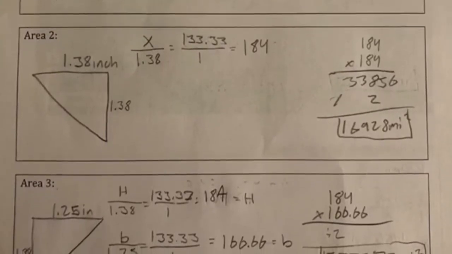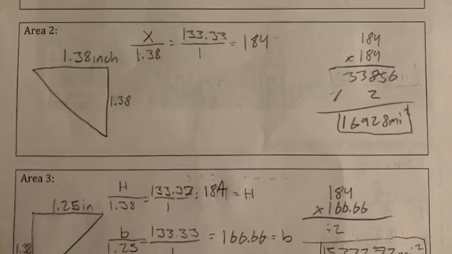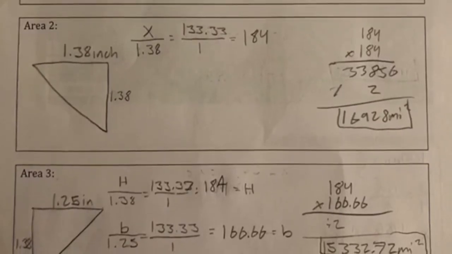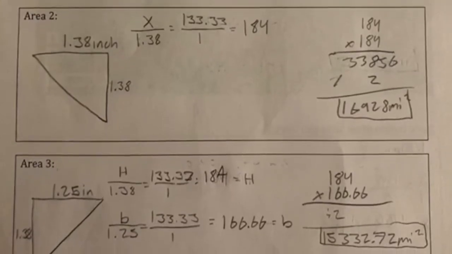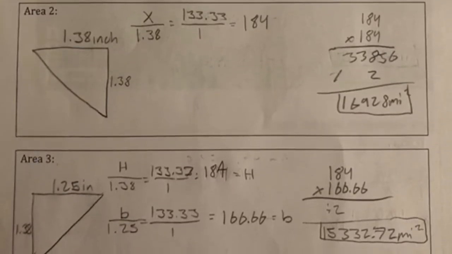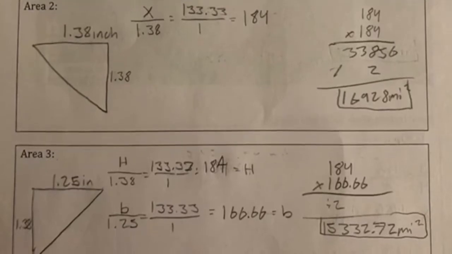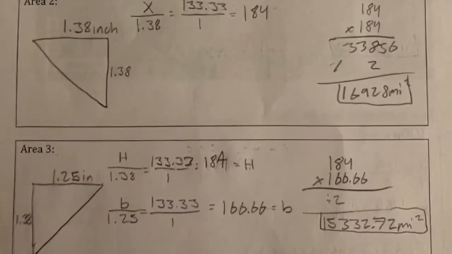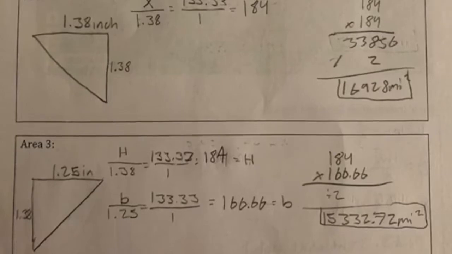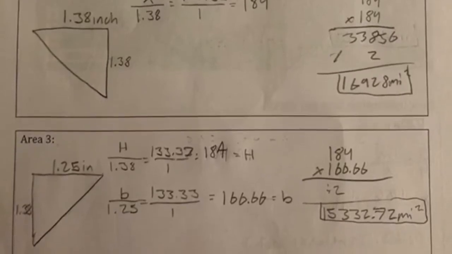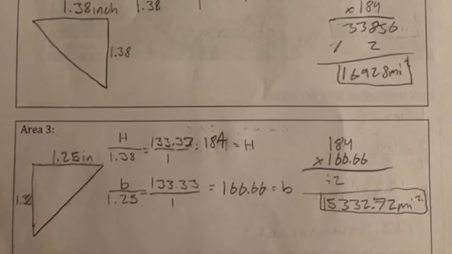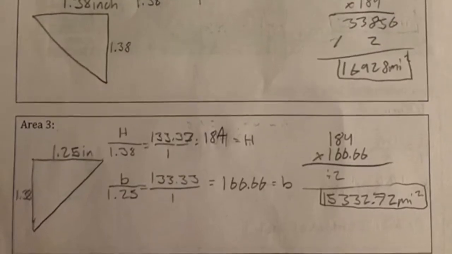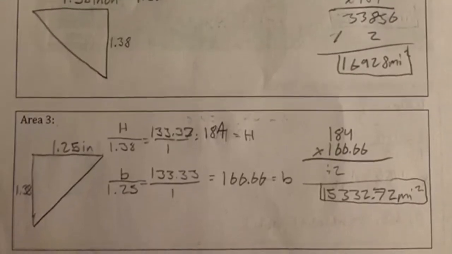To find the area of area 3, you take both the base and the height from the drawn triangle. The first equation you use is H over 1.38 equals 133.33 over 1. Put that in your calculator and you get 184 equals H. The second equation is B over 1.25 equals 133.33 over 1.